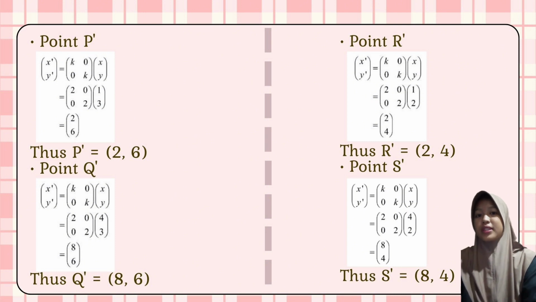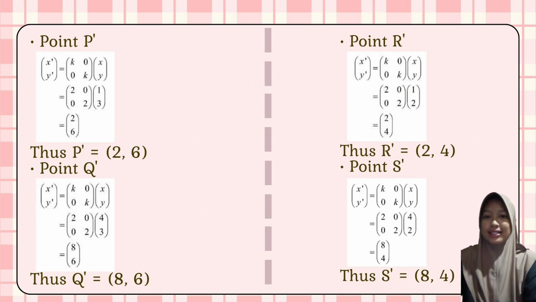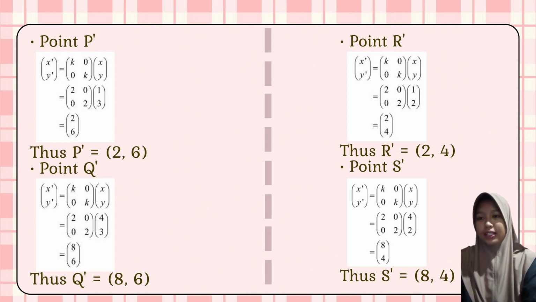We can use the formula to find the points P, Q, R, and S. Like this, so we get P' (2,6), we get Q' (8,6), we get R' (2,4), and S' (8,4).